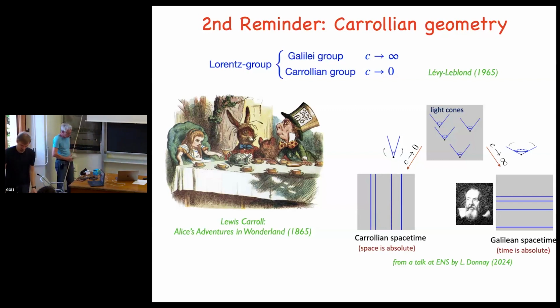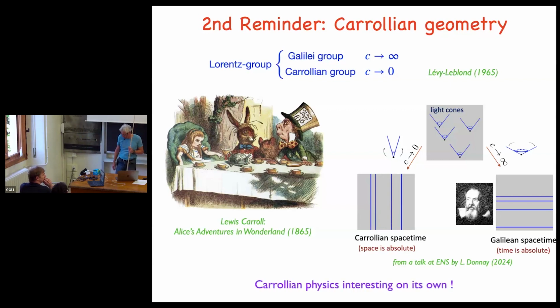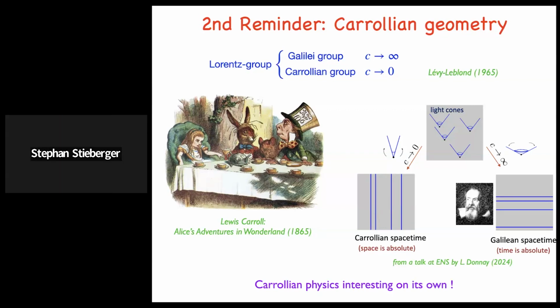Actually, Carrollian physics is interesting on its own. There are a lot of people working on it, and it appears in solid state physics when you consider fractons, or in hydrodynamics, and also in string theory.